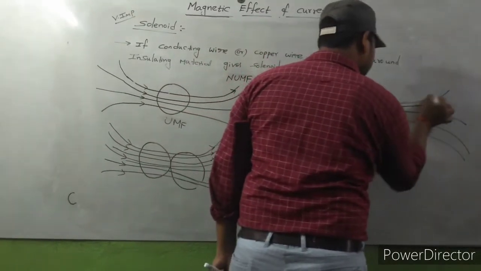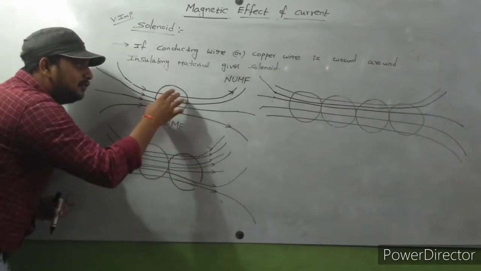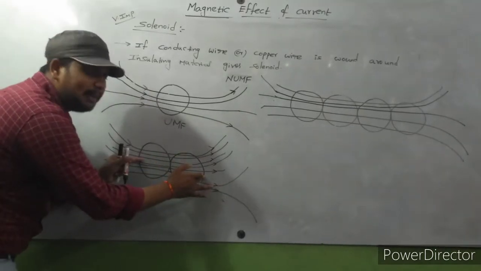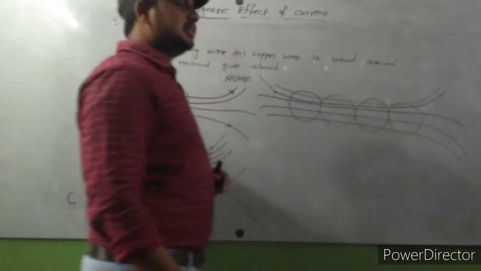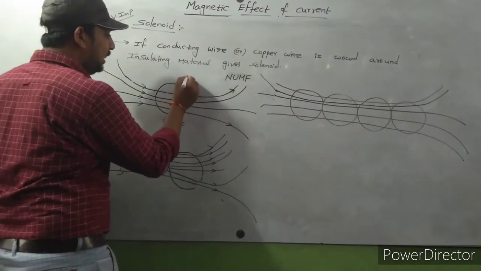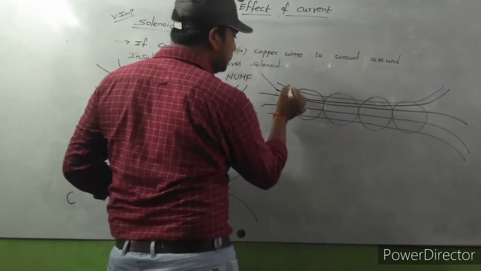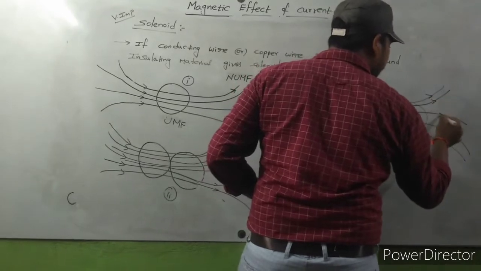Here only up to this part the magnetic field lines are straightened. Here up to this part the magnetic field lines are straightened. So this is case 1, this is case 2, and this is case 3.